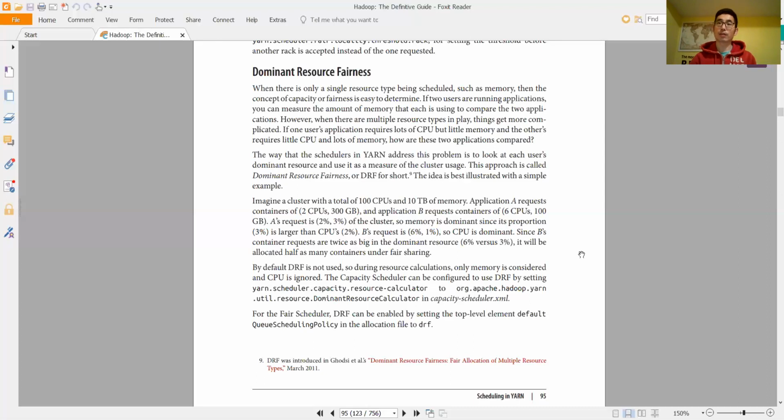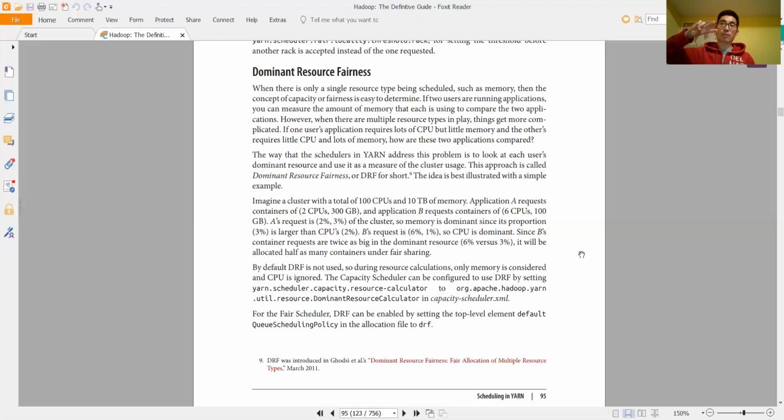as a percentage. So let's say I have two applications submitted to Hadoop. One requests 5% of memory and 2% of CPU. The other is 2% of memory but 3% of CPU.